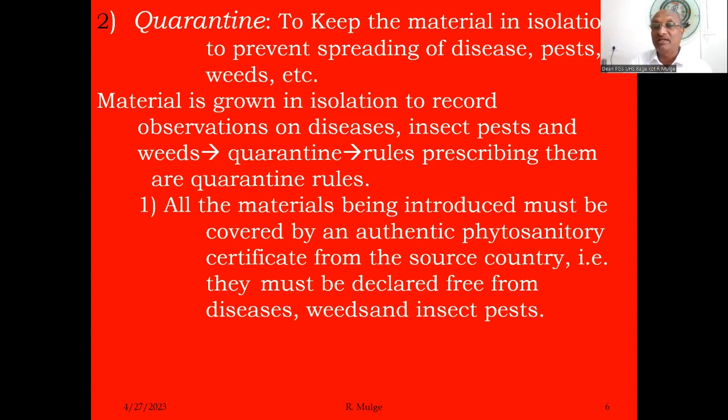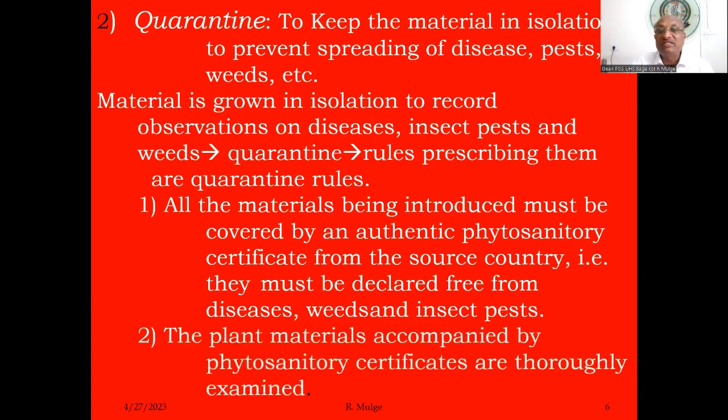From wherever you are getting the material, that country should issue the phytosanitary certificate. That means it is free, pure, no contamination. They must be declared free from diseases, weeds, and insect pests. It's very important that the certificate is carried.